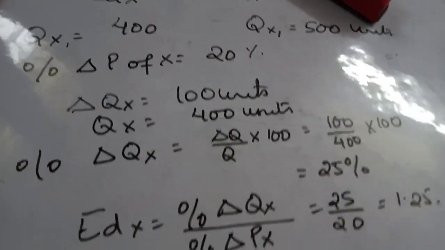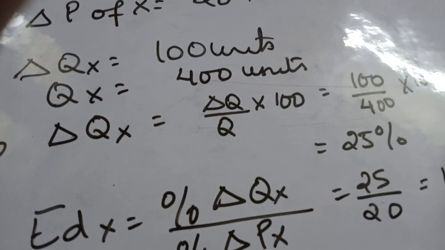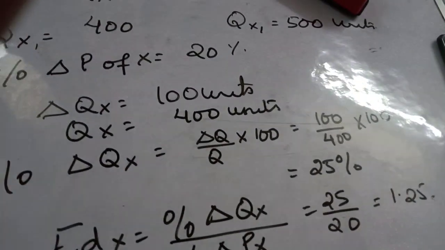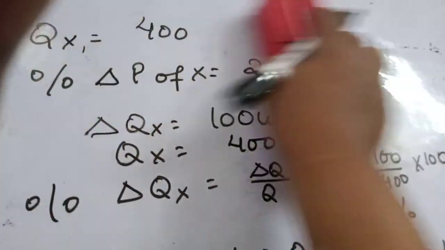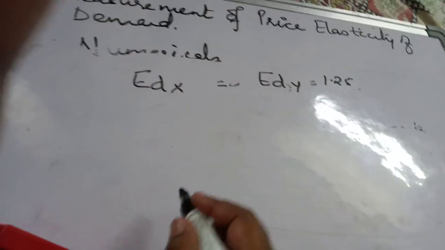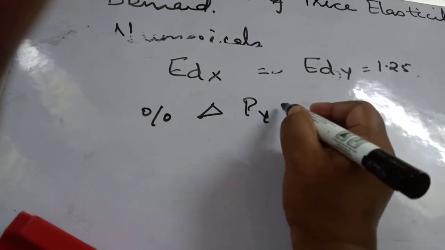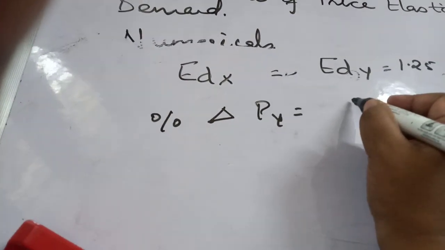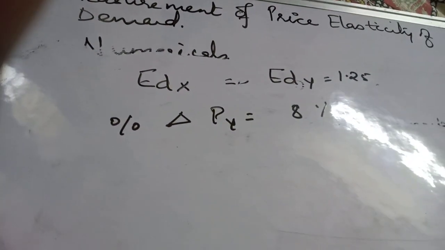Okay, now they've told us that elasticity of demand of X is equal to elasticity of demand of Y. So the elasticity of demand for Y is also coming out to be 1.25. Now they have given us the percentage change in price of Y, which is 8%.